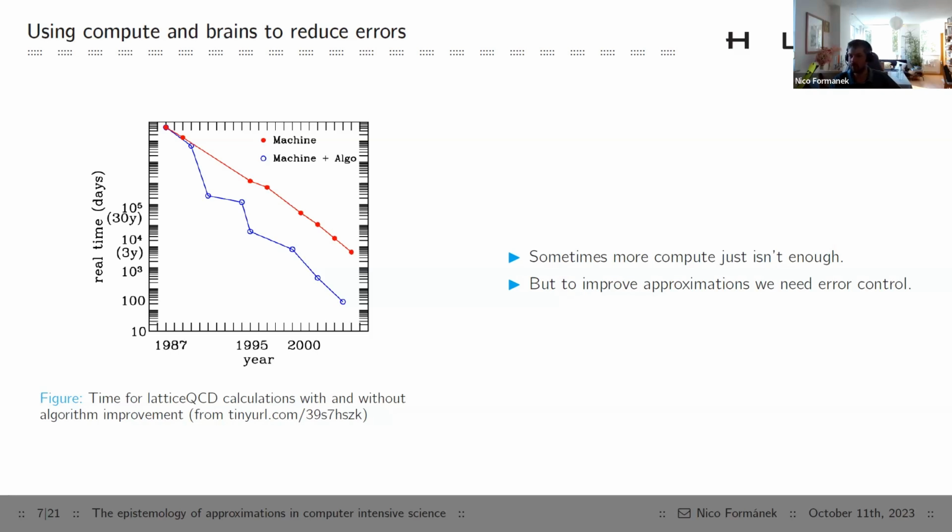Yeah, 10 petaflop years. Okay, and this of course leads to the question, what do we need to do to improve these approximations, right? To improve these approximations, we need to understand what they do. And as I will argue, we need something called error control, which I'll explain hopefully in the remainder of this talk, what is meant by this term. Okay, we can go to the next slide.